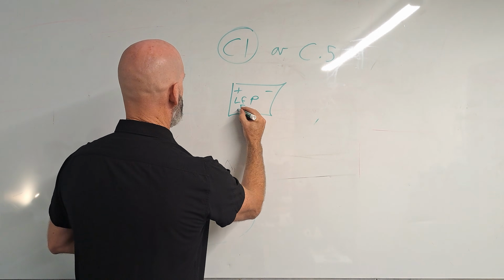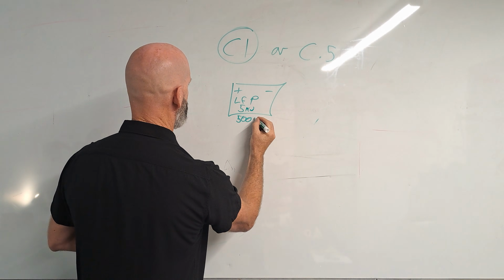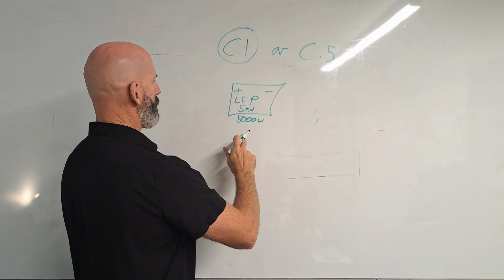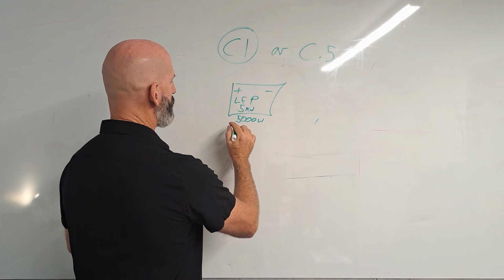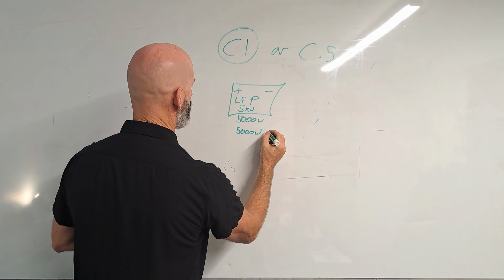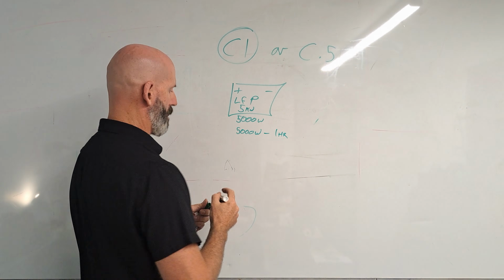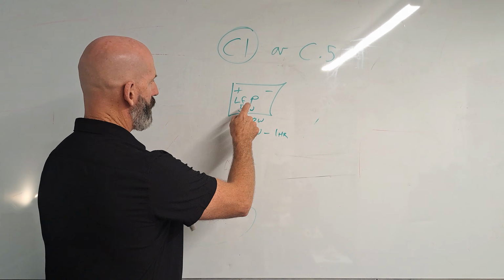Let's say this is a 5 kilowatt hour battery. 5 kilowatts is 5,000 watts. 5 kilowatt hours is 5,000 watts running for 1 hour.